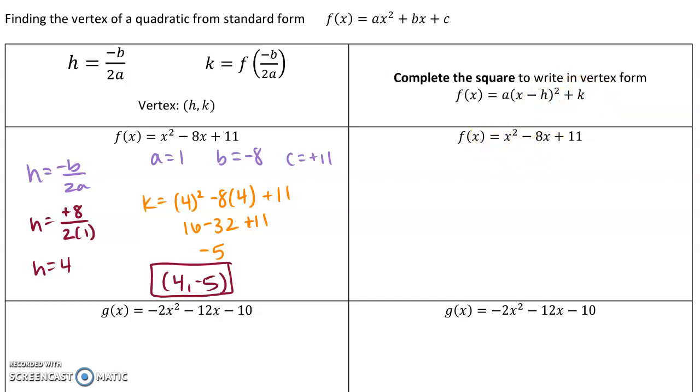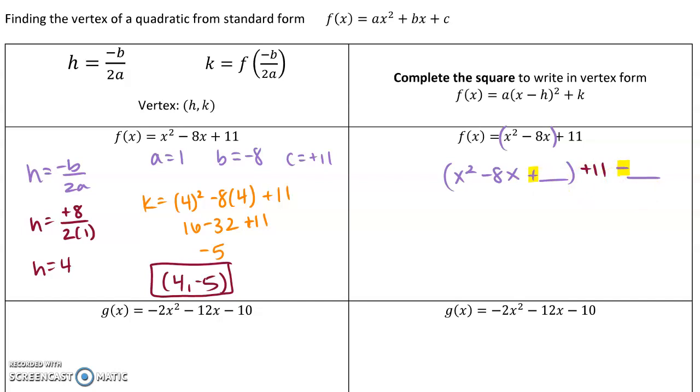So when you go to complete the square, we put those in parentheses to show that we are going to complete that, factor that to be our perfect square. And then you still have that plus 11 on the outside. But if you recall, whatever you add on the inside when you complete the square, you're going to have to subtract it on the outside, right? These signs will be the opposite. Those numbers need to cancel each other out.